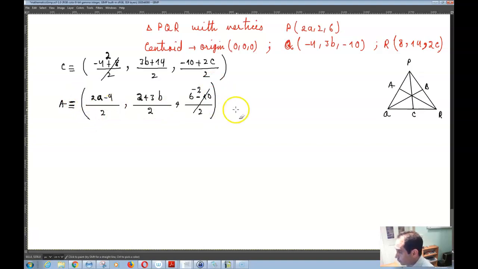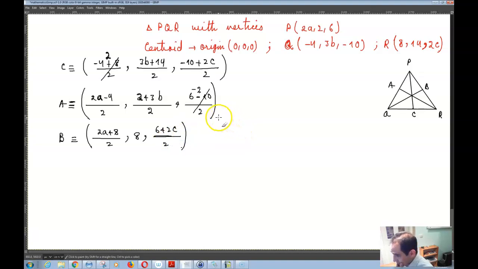The coordinates of B would be halfway between P and R. So 2a plus 8 divided by 2, and 2 plus 14 divided by 2, which is equal to 8, and 6 plus 2c divided by 2.